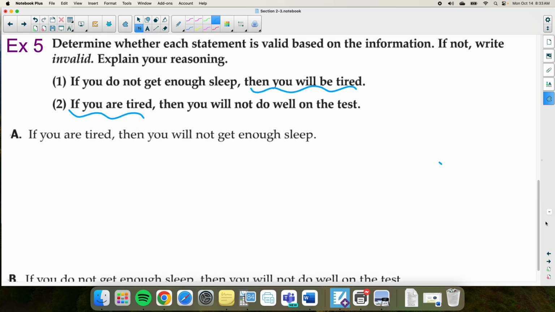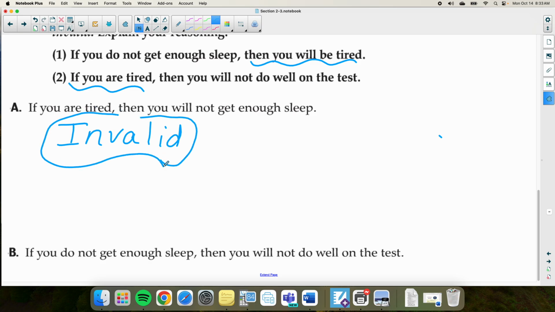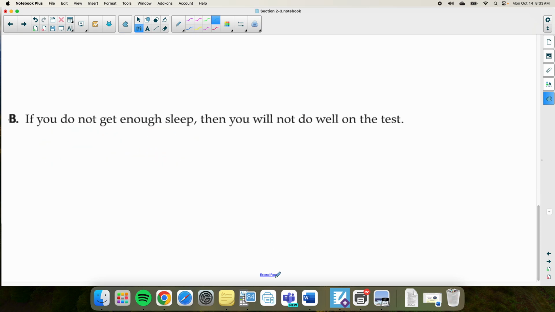If you do not get enough sleep, A or B? B, right? Then you will not do well on this test. So the first one is invalid, second one is valid. All right.